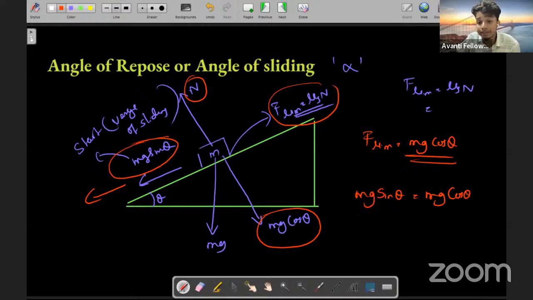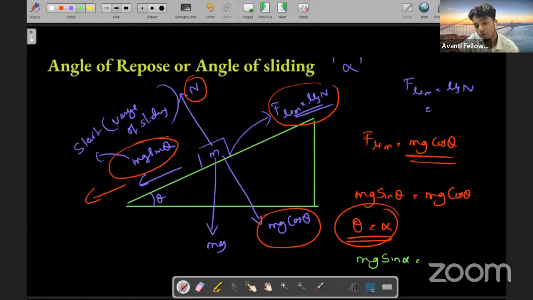But as I said, this theta is alpha, because at this angle only the sliding takes place. So mg sin alpha is equal to mu s mg cos alpha. Yes or no?